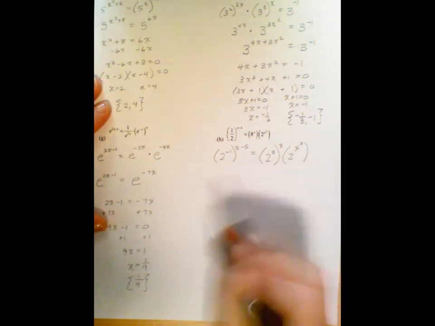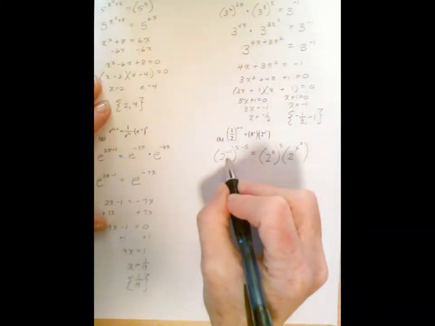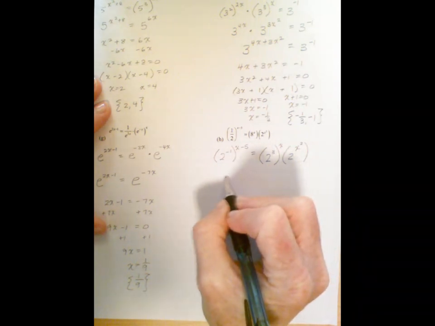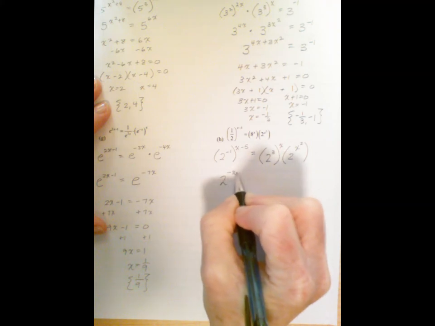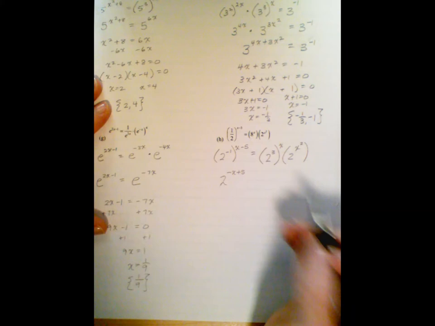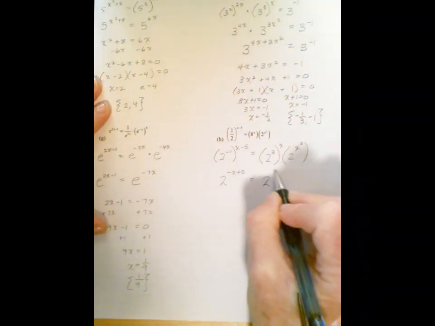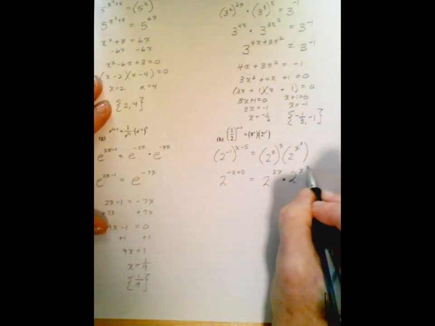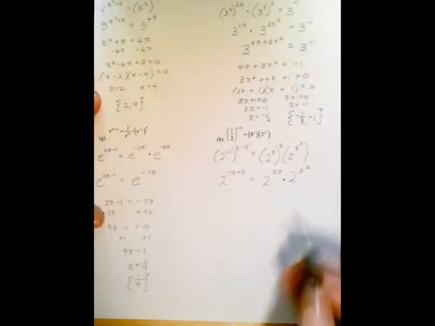Okay, so let's get rid of these parentheses. So this is 2 to the negative 1 times x minus 5. So that's going to be 2 to the negative x plus 5, right? Multiply both of these by negative 1. And this will be 2 to the 3x times 2 to the x squared. So we're seeing that same thing that we've seen before.